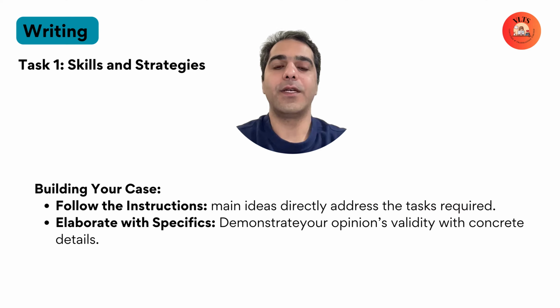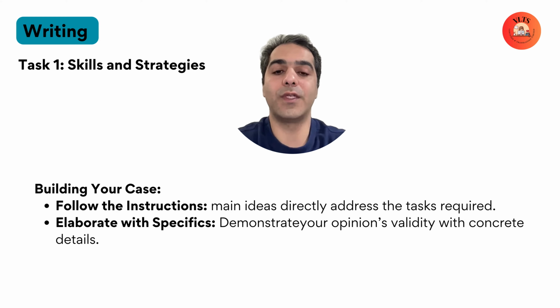In order to ace the test in CELPIP Writing Task 1, you need to write in a way that is compelling enough for the raters to give you higher scores. To do so, you have to follow the instructions and make sure your main ideas directly state the points stated in the instruction and never deviate from them, which will weaken your points and arguments.